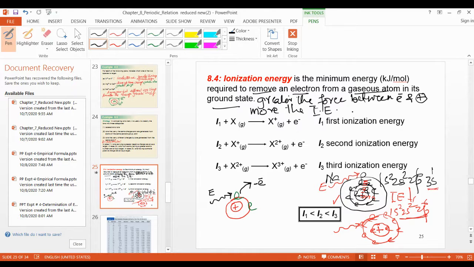It means that the third shell is away from the nucleus and has less force. Less force, less energy will be required. Is it clear now? Yes, doctor, it's clear now.